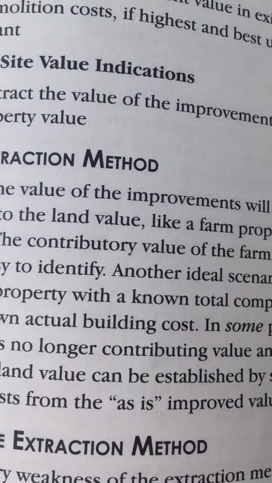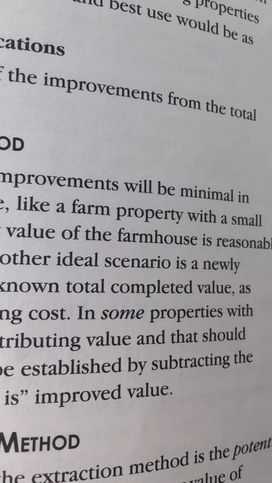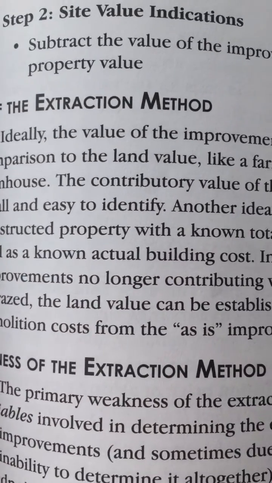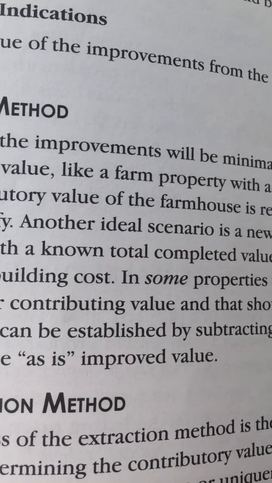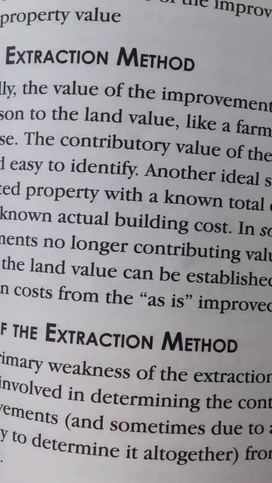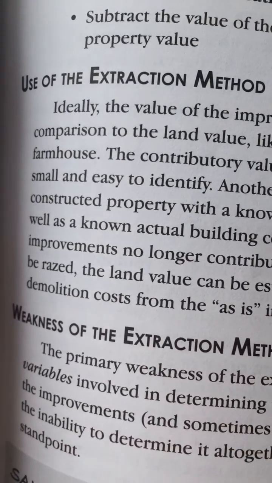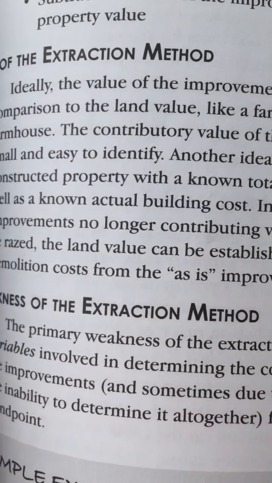Use of the extraction method. Ideally, the value of the improvements will be minimal in comparison to the land value, like a farm property with a small farmhouse. The contributory value of the farmhouse is reasonably small and easy to identify.